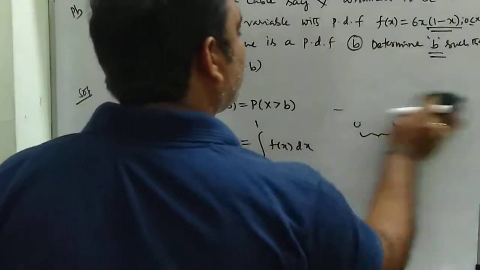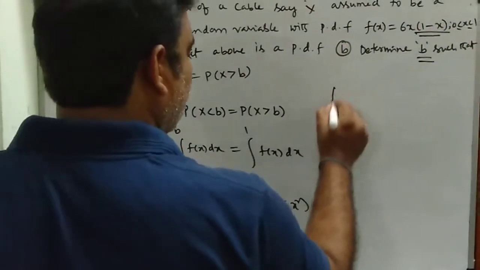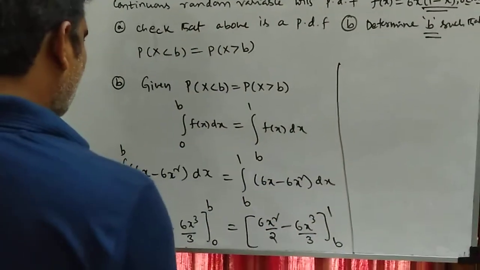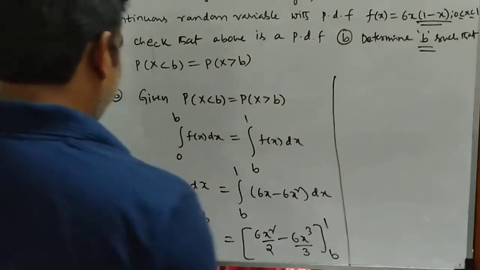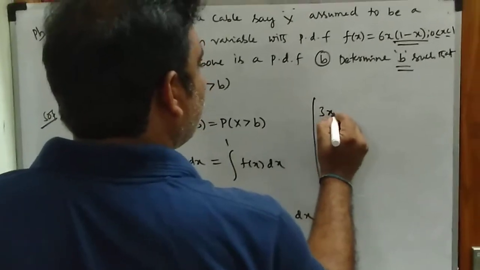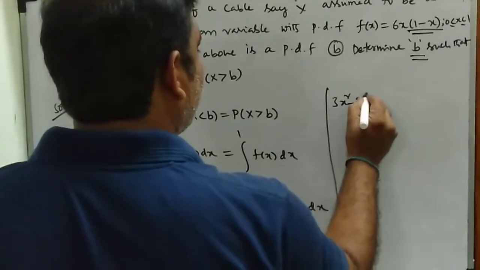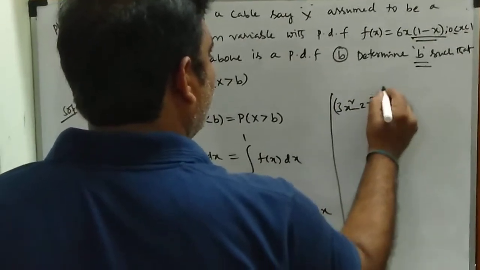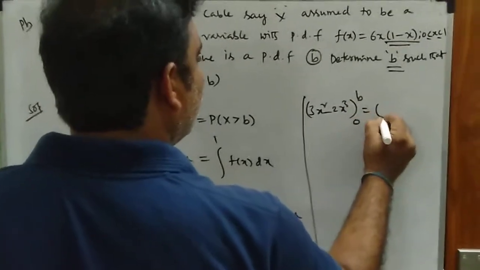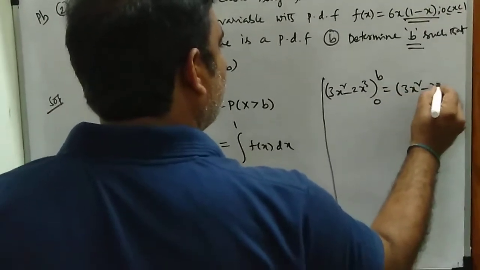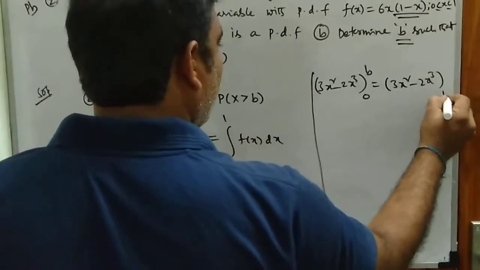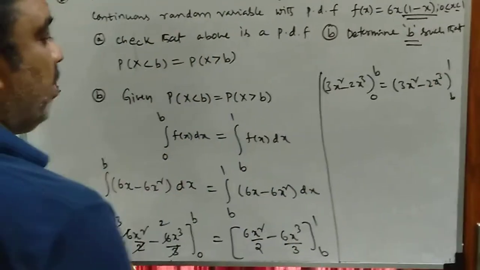So on simplifying, 2 threes, 3 twos, 3x square minus 2x cube between 0 and b is equal to 3x square minus 2x cube between b and 1.